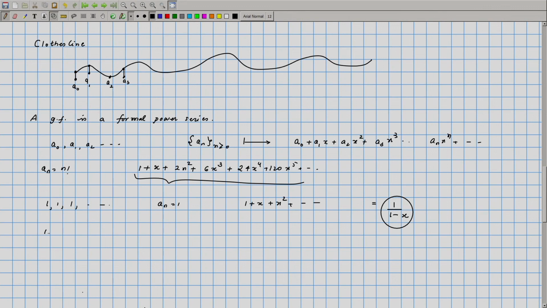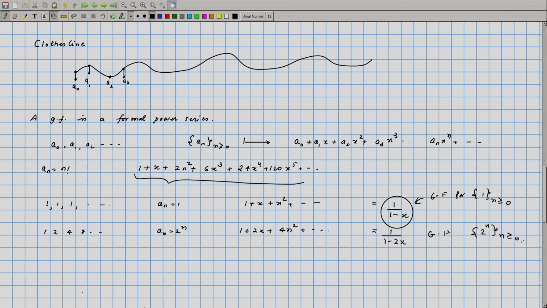And if you had the sequence 1, 2, 4, 8 and so on, the nth term you can think of as 2 raised to n, that will correspond to 1 plus 2x plus 4x square plus so on, and if you assume suitable values for x, you can say that it will be 1 by 1 minus 2x. Okay. So, this is the generating function for 2 raised to n, n greater than or equal to 0.